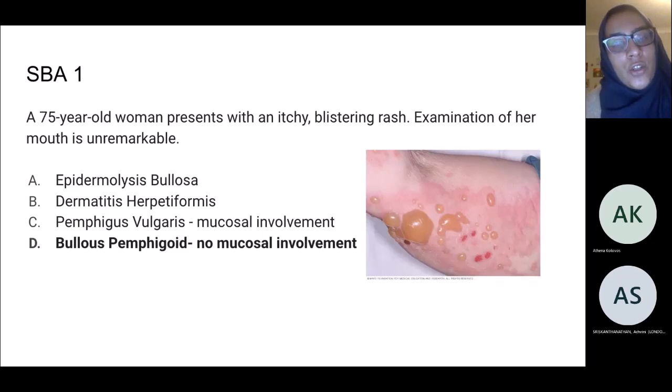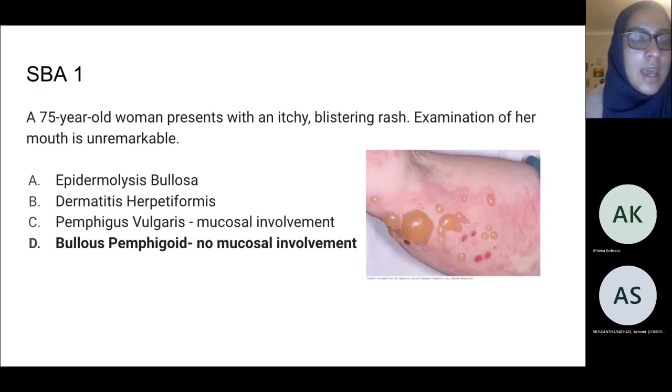And in an SBA scenario, that's a key differentiator to another autoimmune skin condition called pemphigus vulgaris. Both conditions present in this itchy, blistering sort of rash, but the severities are quite different between the two, and I'm going to discuss that in a moment.